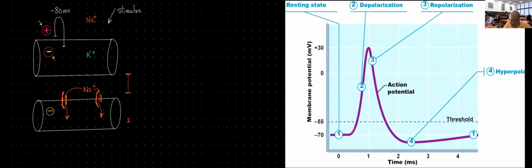So here I am losing my membrane polarity. Inside turns positively charged compared to the outside, which will become more negatively charged. And we call this state the depolarization phase.